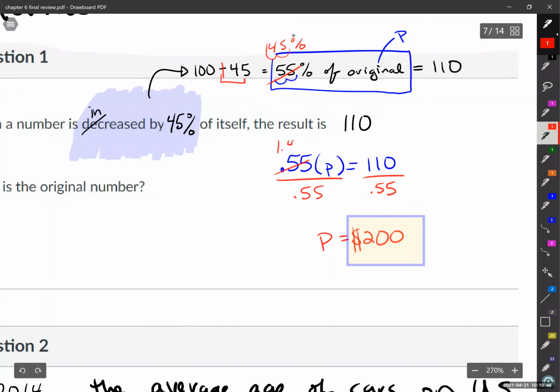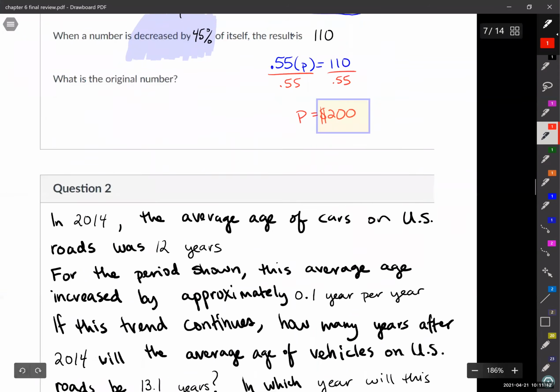That would be 1.45, etc. So if it decreases, you subtract the percentage from 100 to figure out the percentage we have of the original. But if it increases, you add that percentage to 100. Good for that problem? Okay.